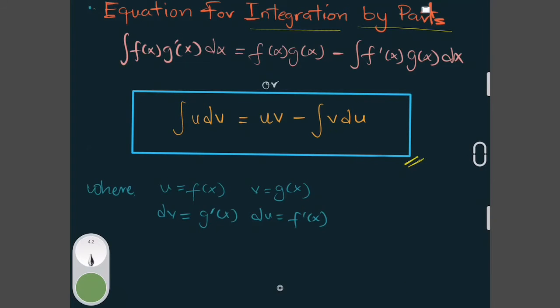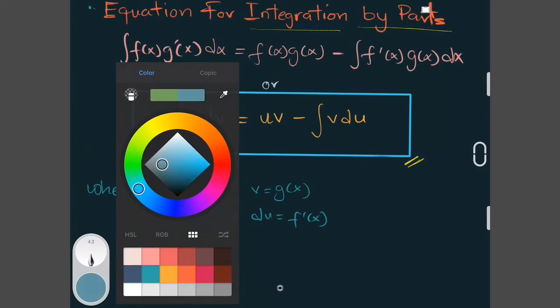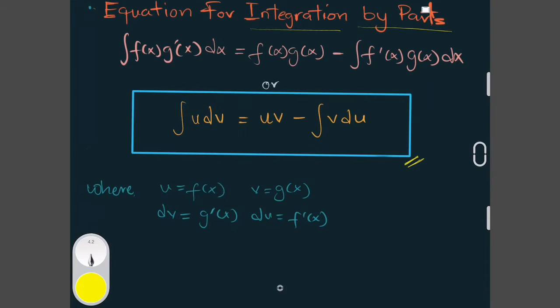So it's customary to write the general equation as the integral of f(x)g'(x) dx equals f(x)g(x) minus the integral of f'(x)g(x) dx. So we can do substitution. Say u is equal to f(x), which is this, and we have u. We have dv is equal to g'(x) dx, which is this.